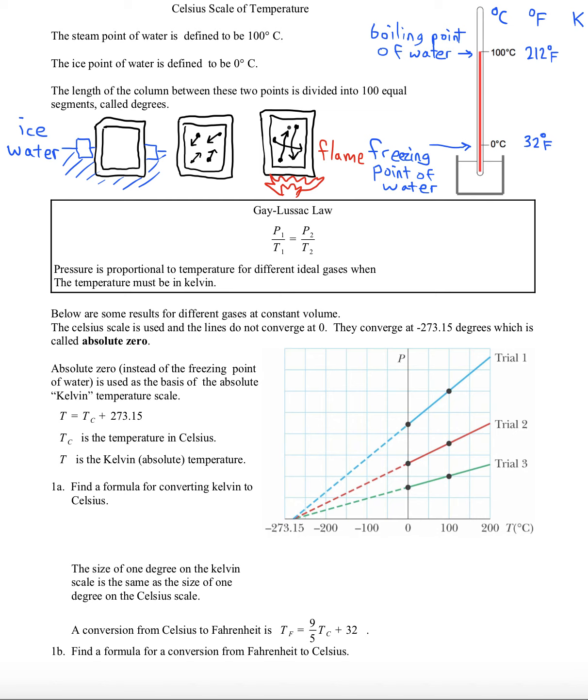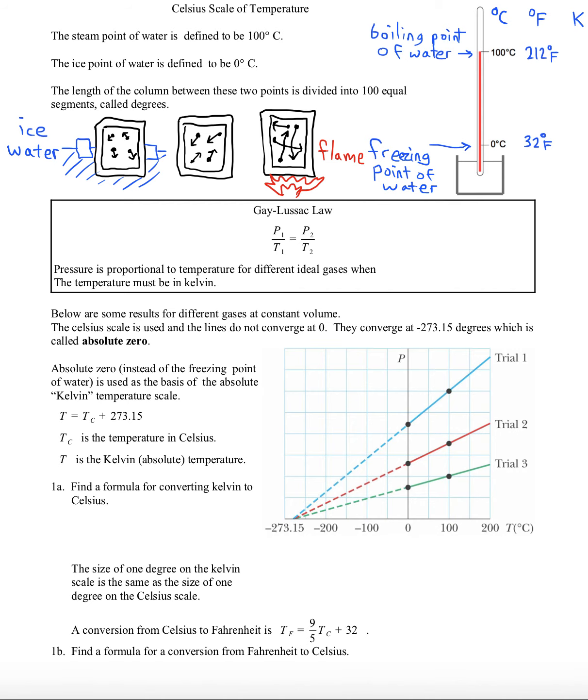Now, what will be the effect of this? There'll be more collisions with the container walls, and they could collide more forcefully with the container walls. If you cool the particles down, though, then they're going to have very short arrows, which indicate very slow speeds.